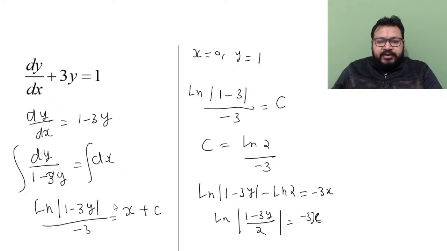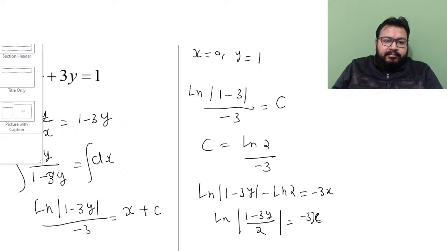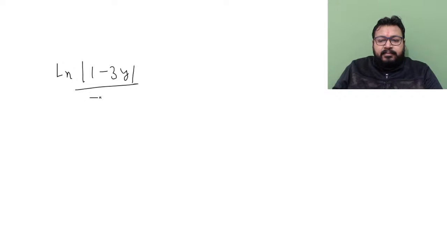Now, instead of putting the values here, if I first take the antilog and then solve, तब देखते हैं क्या होता है. मे बी इन्होंने log को इवन फंक्शंस मान के सोल्व ना किया हो. दैट मे बी द चांस. देखते हैं एक बार. So it is ln of 1 minus 3y divided by minus 3 is equals to x plus c.